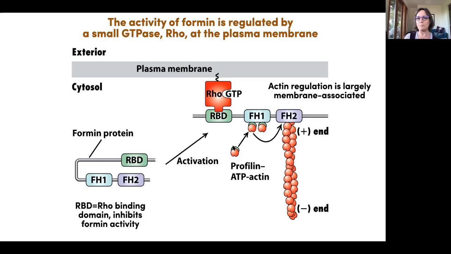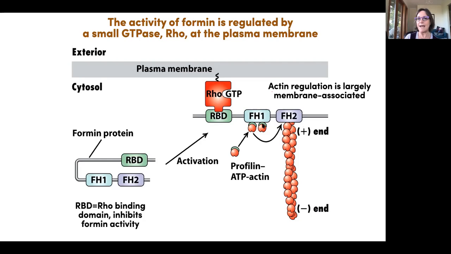Now, I haven't really described what profilin does, but profilin enhances binding of ATP to actin. So we've talked about guanine nucleotide exchange factors that promote release of hydrolyzed GDP and binding of GTP to G proteins. This protein acts similarly with actin.